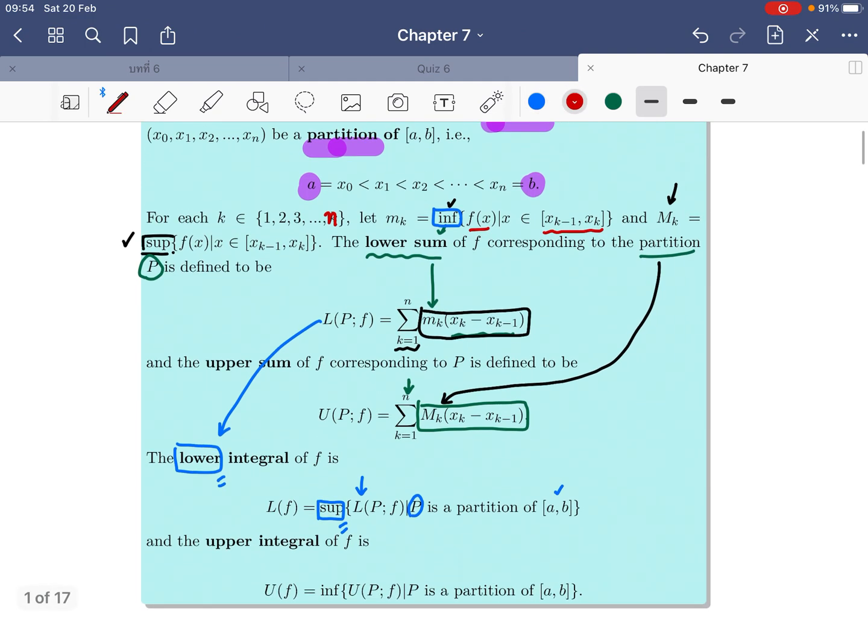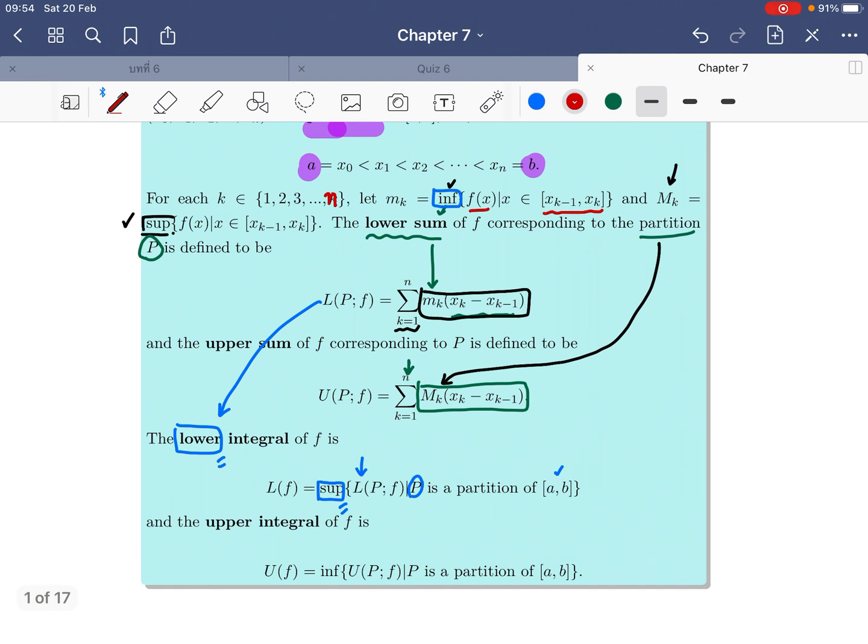And on the other hand, if you are going to define the upper sum, the upper integral, of course it will be from your upper sum, but it will be in the opposite way.